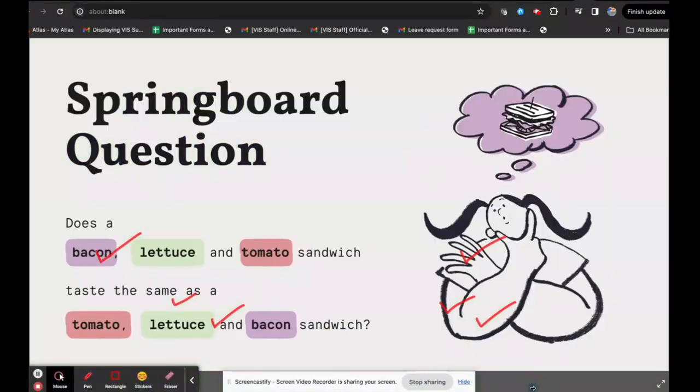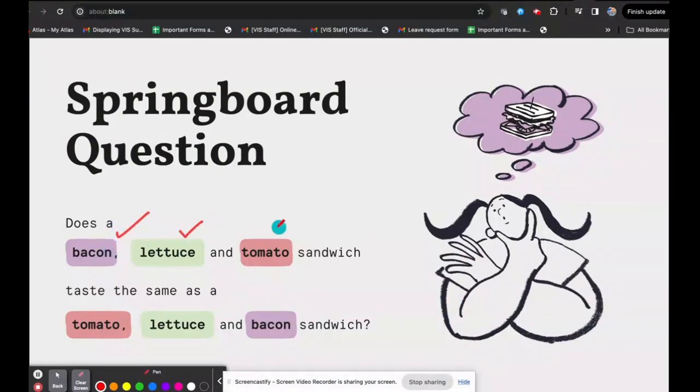Let's move to the next slide. Our question says, does a bacon, lettuce and tomato sandwich taste the same as a tomato, lettuce and bacon sandwich? Just imagine that you have a sandwich which has three ingredients: bacon, lettuce and tomato.